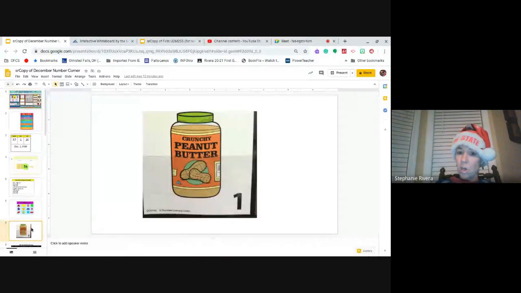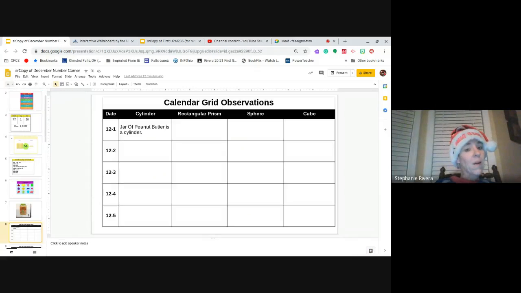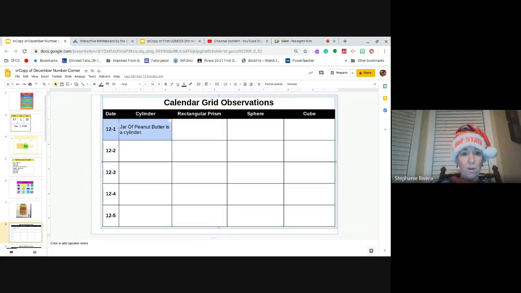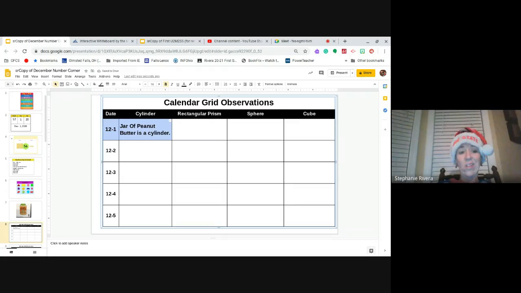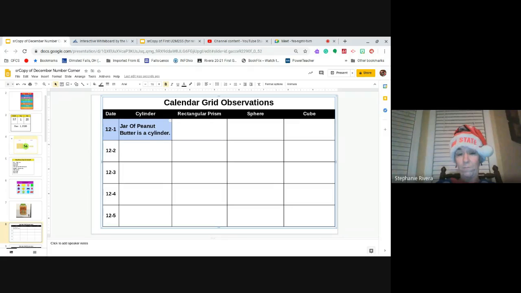Our jar of peanut butter is going to be a cylinder. So we're going to put the jar of peanut butter for December 1st in the cylinder column. Our jar of peanut butter is a cylinder, and we figured our first one out for the month of December.